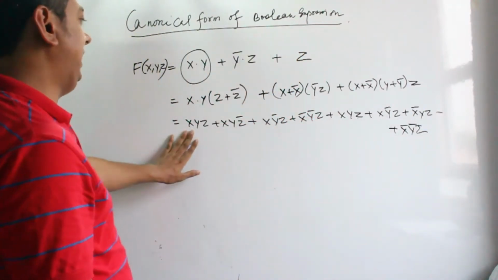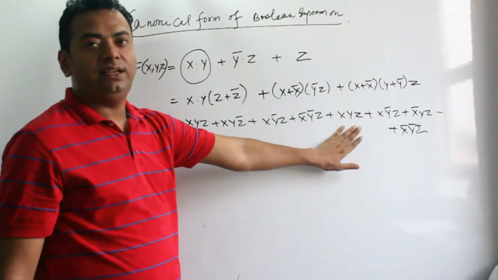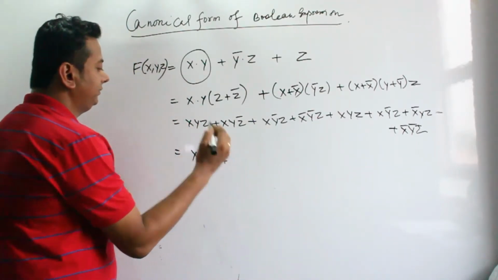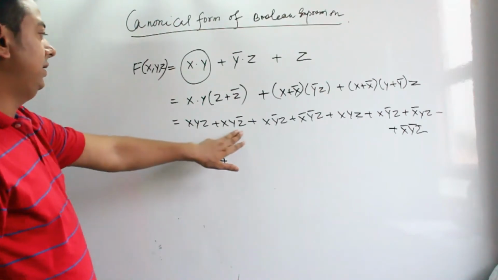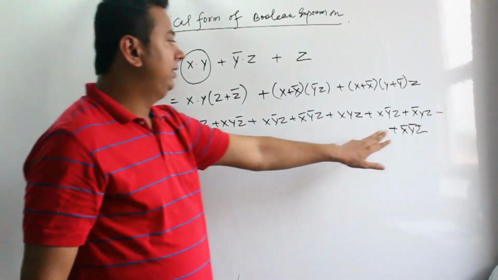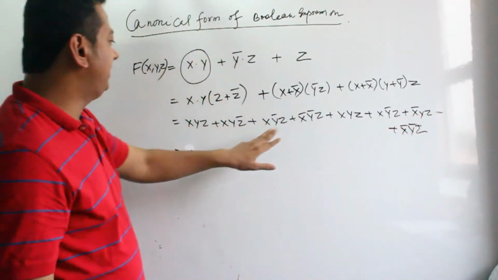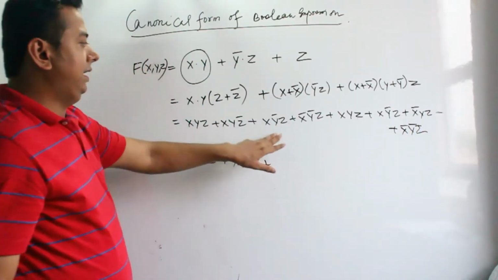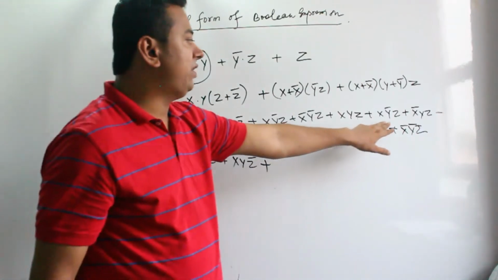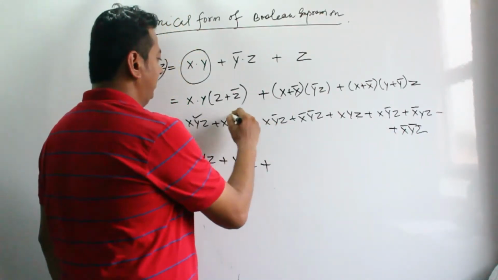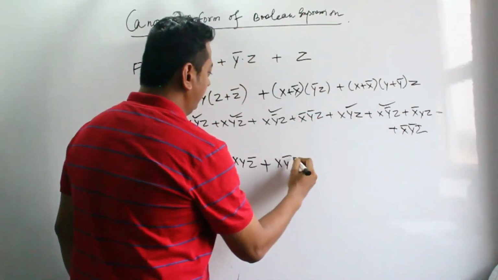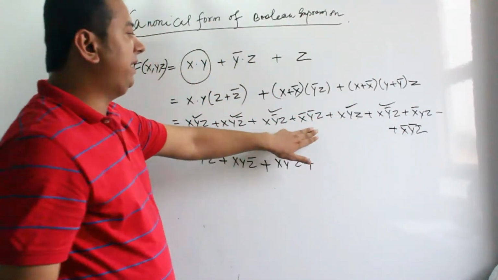xyz, we can write xyz only. Then xyz bar, there is no xyz bar, so this will be xyz bar. Xy bar z, xy bar z, x bar y bar z.